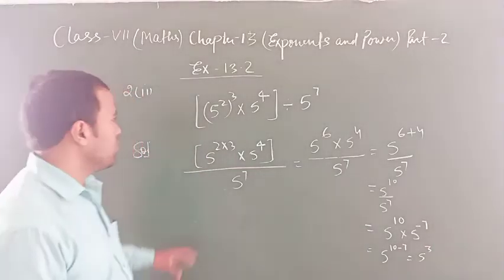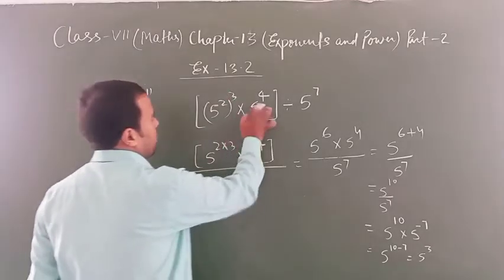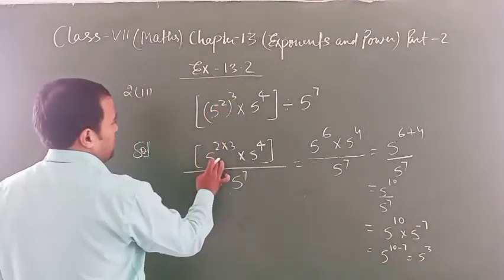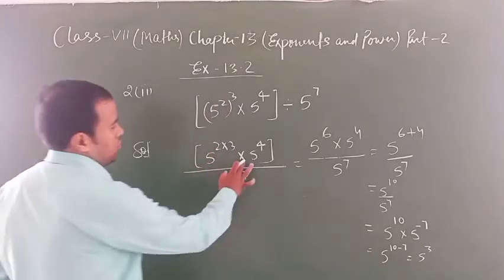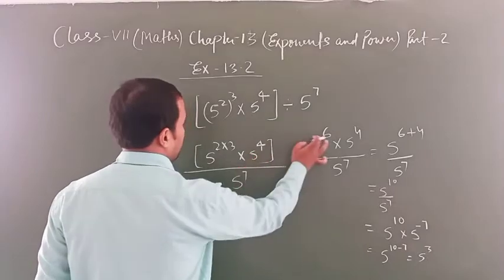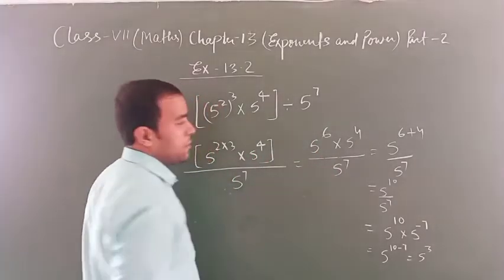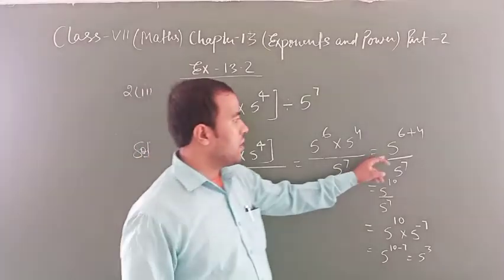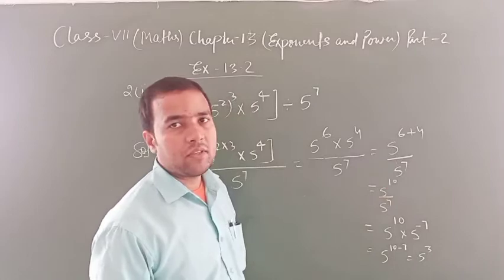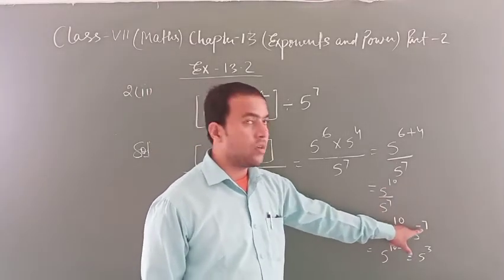Again I am telling you, (5 power 2) power 3 into 5 power 4 upon 5 power 7 equals 5 power 6 into 5 power 4 upon 5 power 7. Clear? So 5 power 6 plus 4, 10, upon 5 power 7. So 5 power 10 into 5 power minus 7.